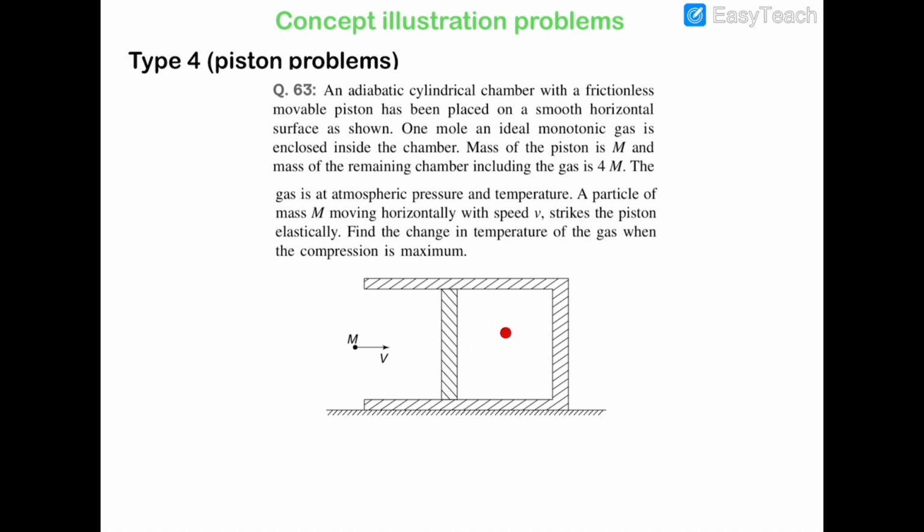There is 1 mole of an ideal monatomic gas enclosed at this side of the cylinder, and the mass of the piston is m, and the mass of the complete cylinder including this gas is 4m, and a point mass m moving with a speed of v strikes this piston elastically, and then this piston starts to compress this gas. We have to find out the change in temperature of the gas.